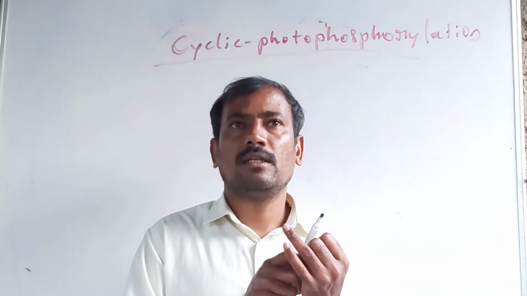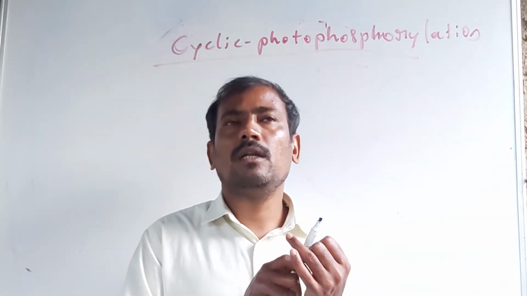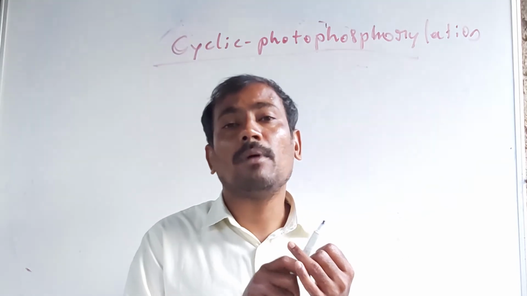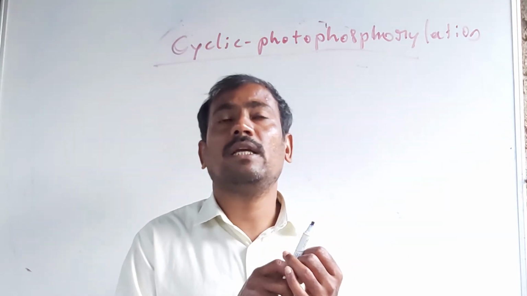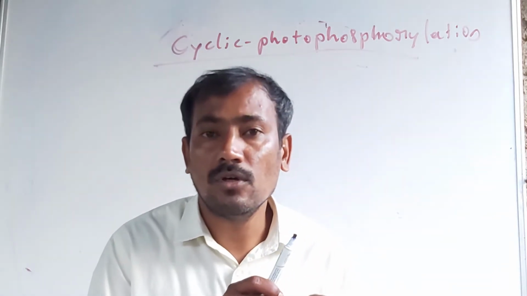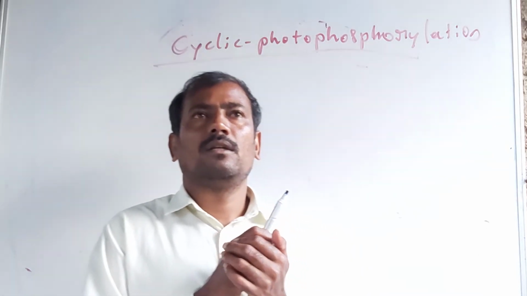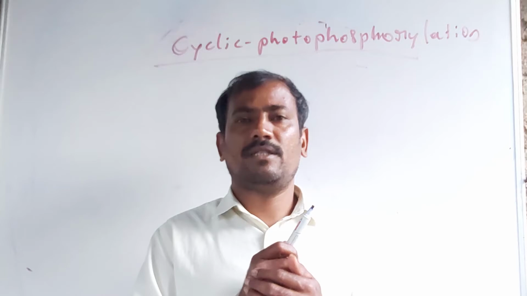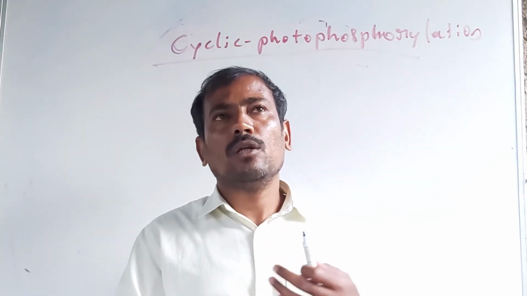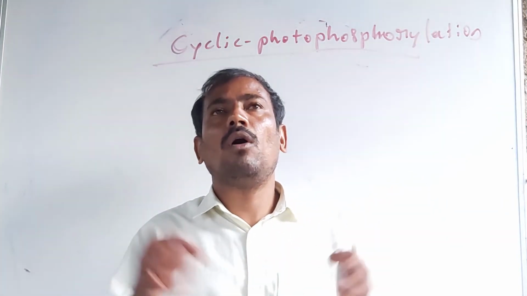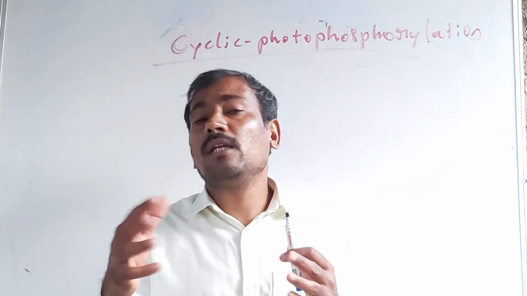Other than this, there is continuous formation of the reduced powers: ATP molecules and NADPH2 molecules are also formed. And other than these, light harvesting takes place, as two pigment systems are involved in the non-cyclic photophosphorylation.